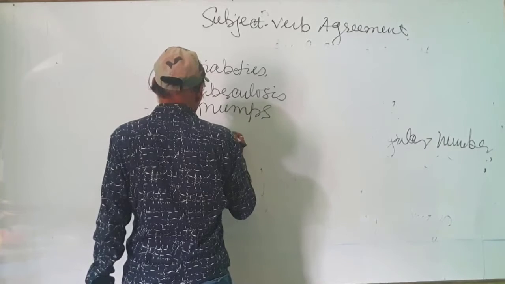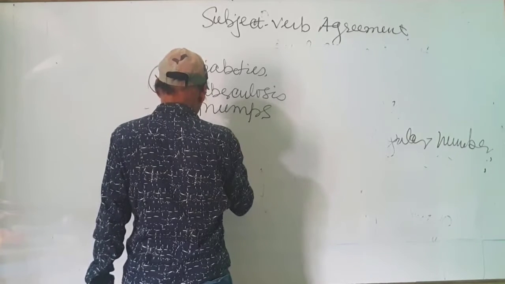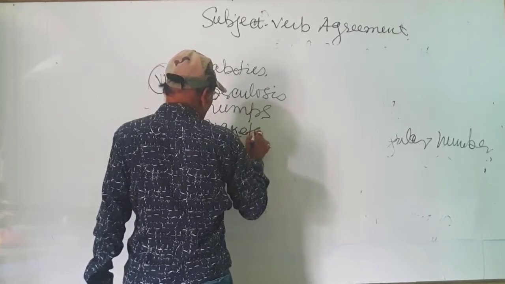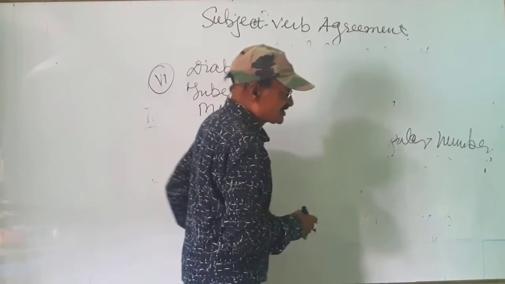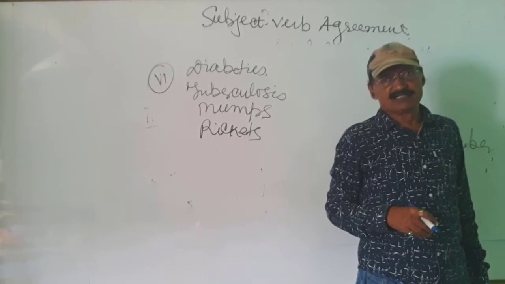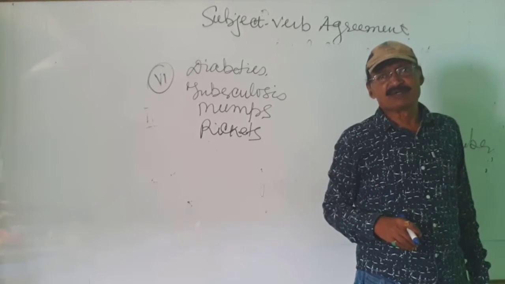Next. Diabetes, tuberculosis, mumps, rickets. Some of the names of diseases can always be used in the singular. They can never be used in the plural.